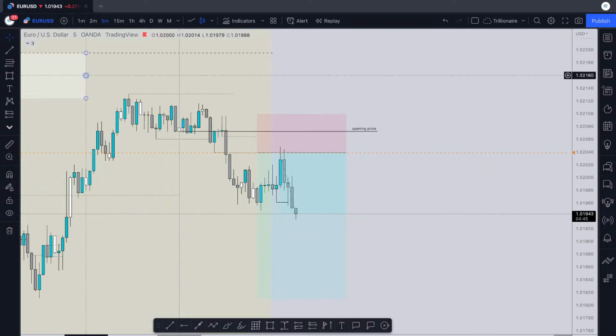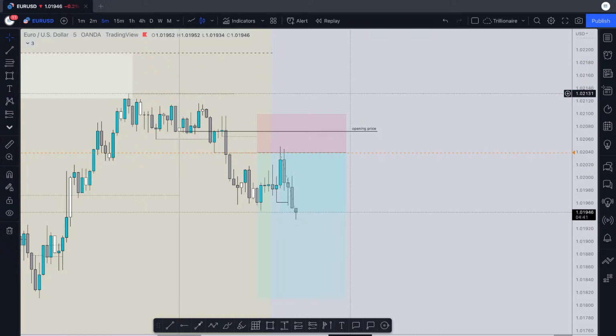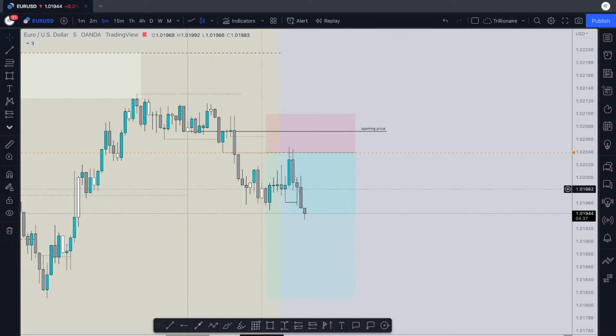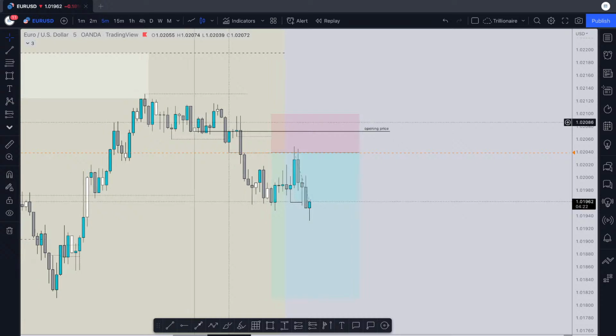From there you'd essentially be looking for possible entries on the M5 time frame. If we're just studying price, we take this low out here, so it wouldn't have been a bad idea to look for sell opportunities here within this region.